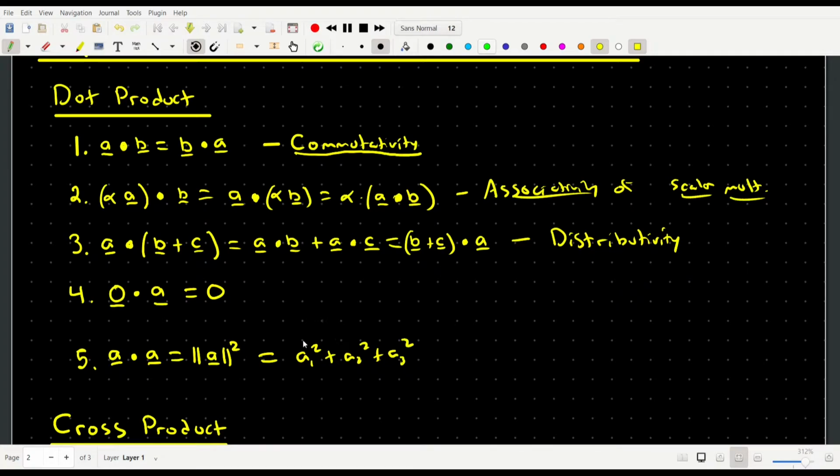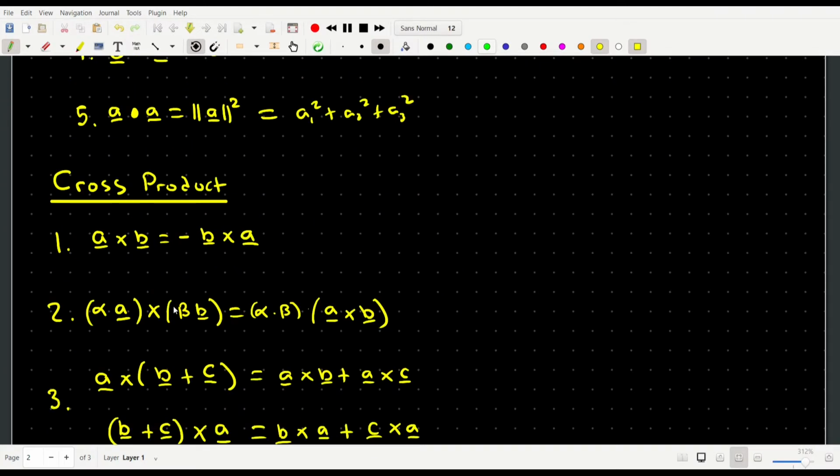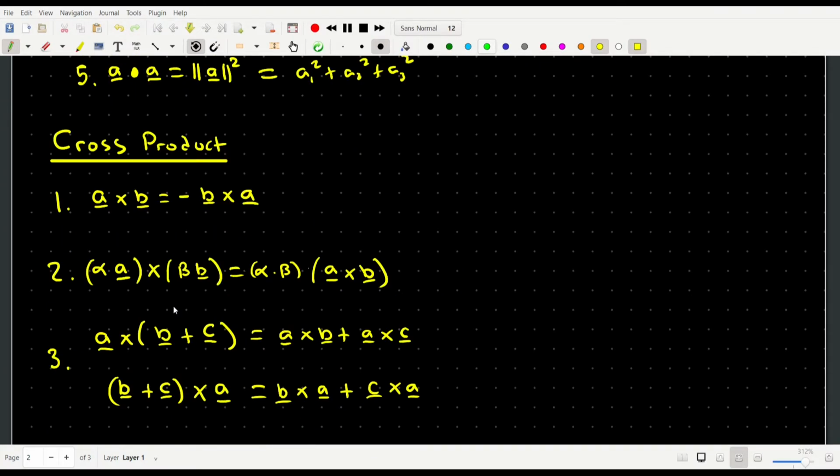There's a nice connection between the norm and the dot product, and the idea here is that this is one of the reasons why it's very nice to choose the 2 norm when you're using a norm. So anyway, these are the dot product simplification rules. We have 3 basic cross product simplification rules. First one is that it is not commutative.